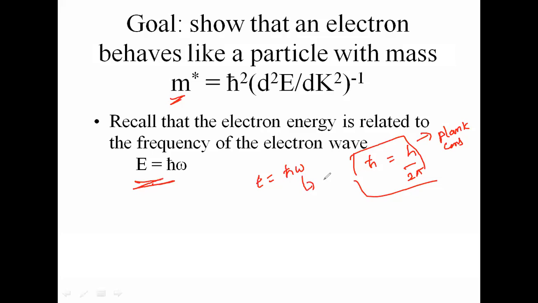Here omega is the frequency. So E is equal to h cross omega indicates energy, the quantum energy levels. Sometimes we write it as n h cross omega also, where n is equal to 1, 2, etc.